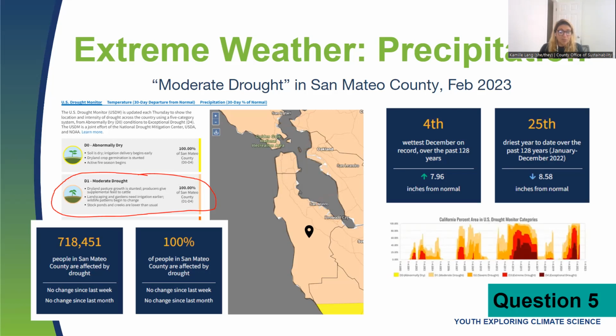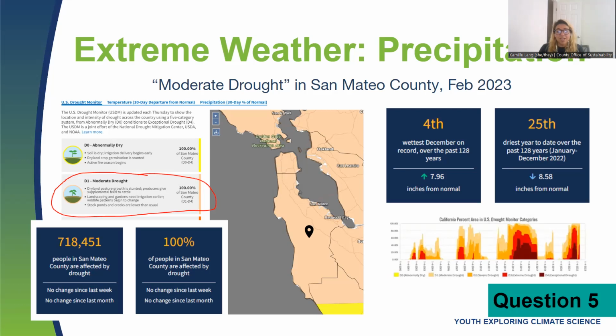And the same year, 2022, was the 25th driest year to date over the past 128 years. Having a significantly dry year and a significantly wet December in the same calendar year is not normal. That's a clear demonstration to me that there's extreme weather events happening, and that's being brought into San Mateo County because of climate change.